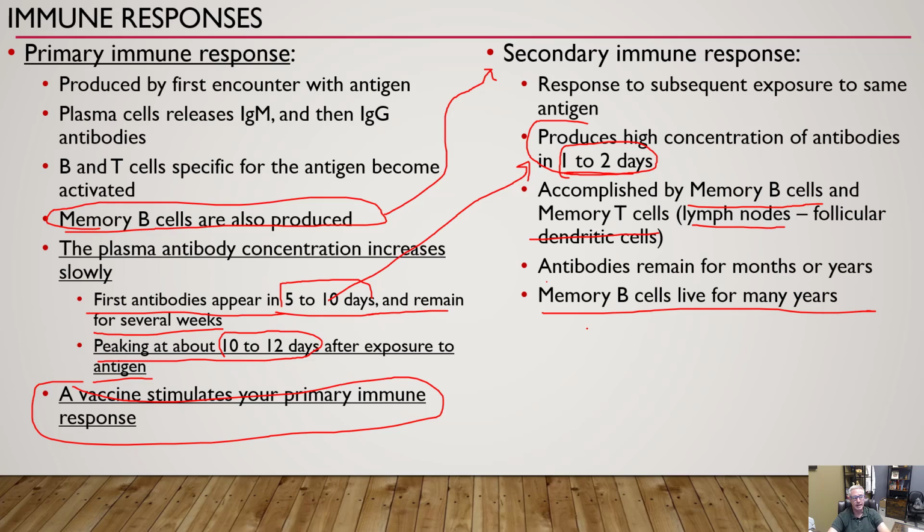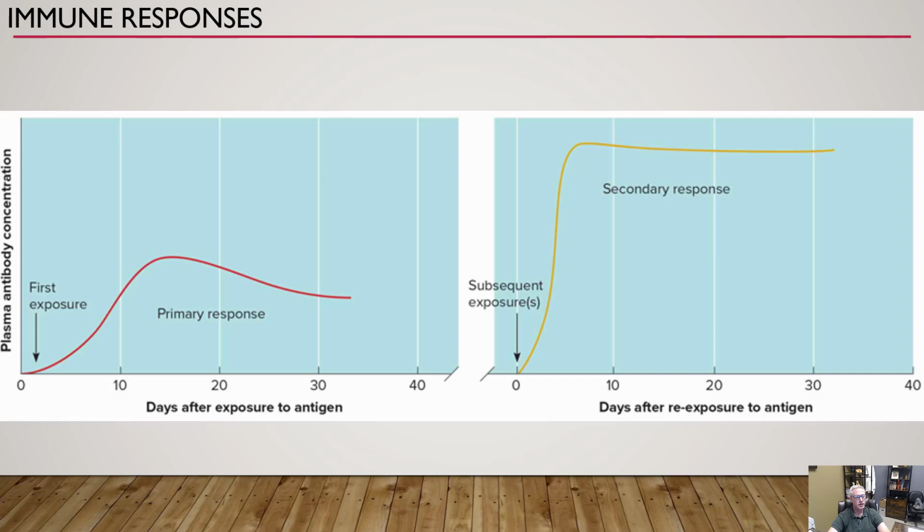So here you can see the primary immune response. In our bloodstream, we get exposed here at time 0, and then we'll be able to start to measure the antibodies at about day 5, but they'll peak around here, day 12 or so.